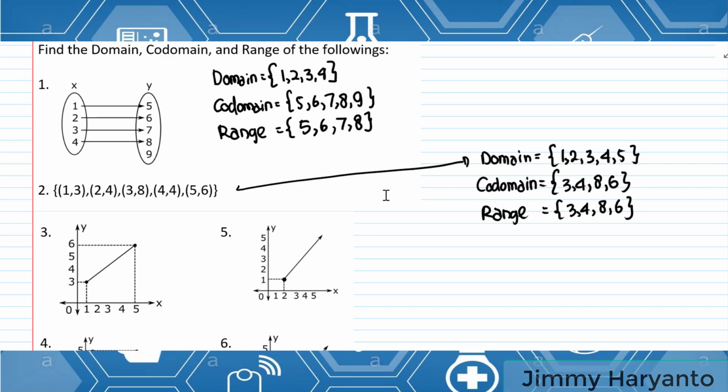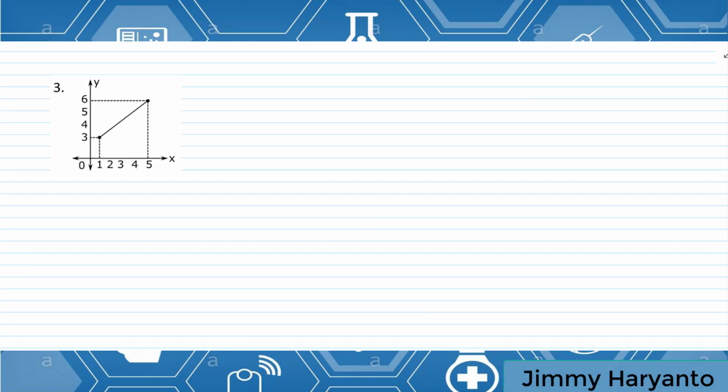Okay, good. Next is number 3, yeah, it's a graph, so you have to read the graph carefully. For the domain, which is the set values of x, you have to focus on the x. From the graph you can see that the graph starts from here and ends right here.